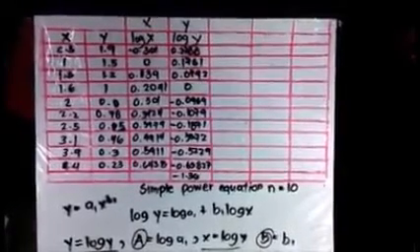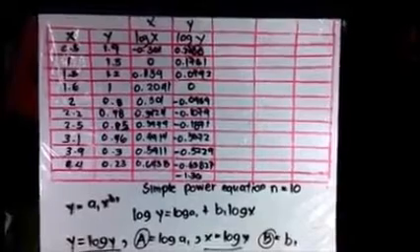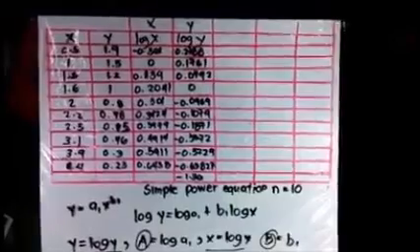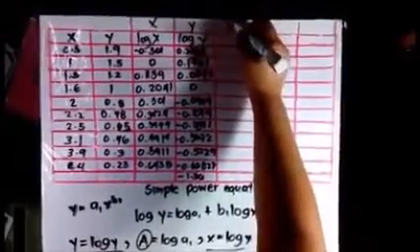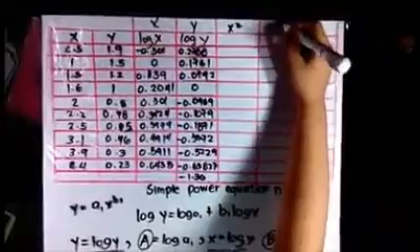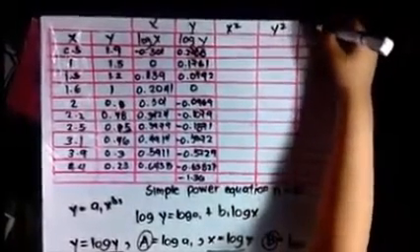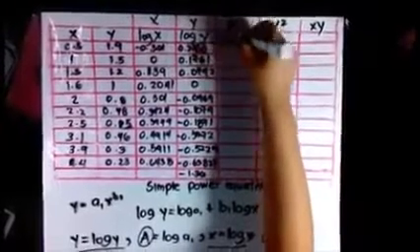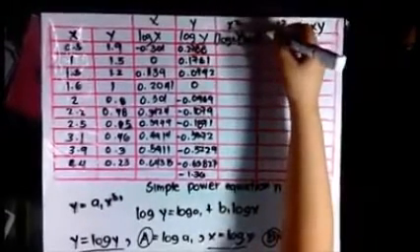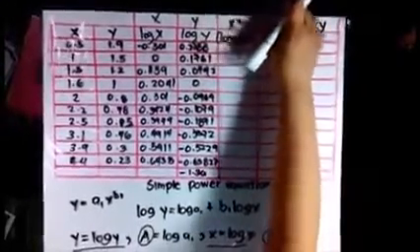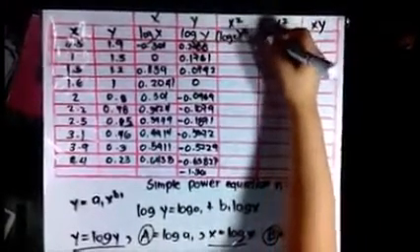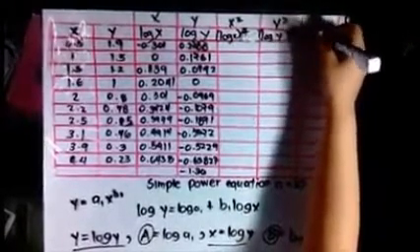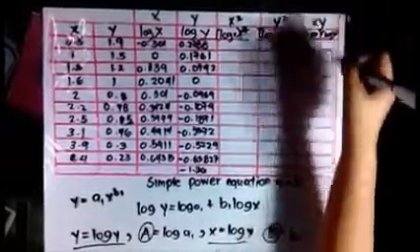So now we have a new value for x and y, and then we have to calculate the value of x squared, y squared, and x times y. It's log x times log y, log x squared, log y squared, then log x times log y.